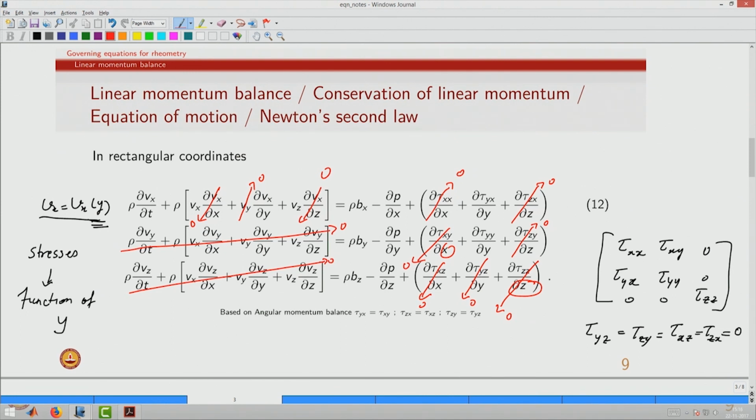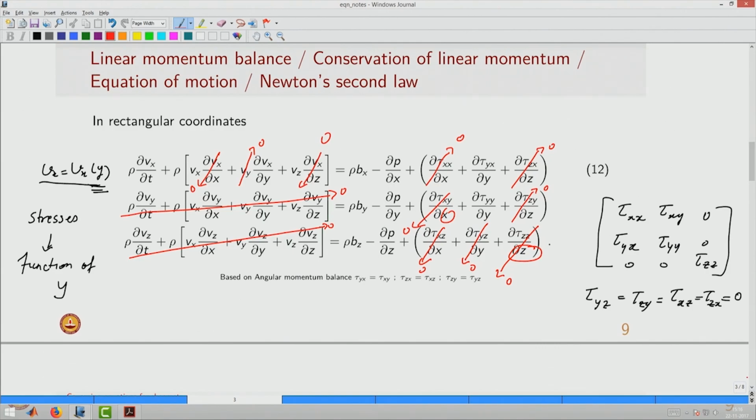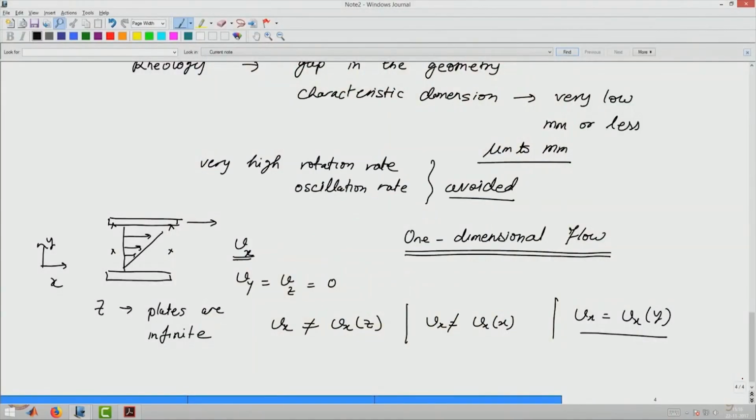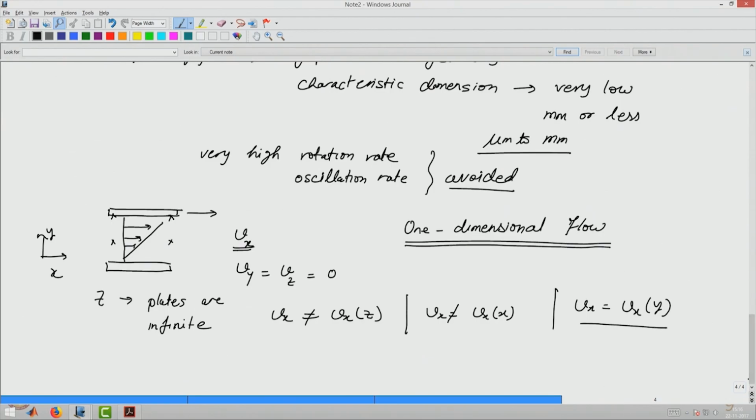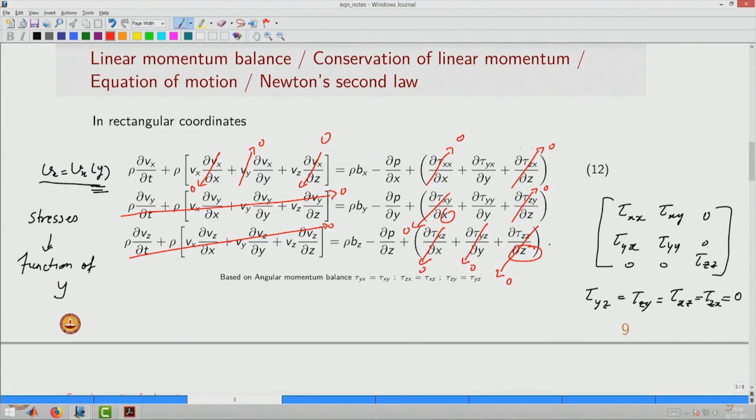Now, we have simplified the overall governing equation. Let us write it down: the governing equation for this parallel plate flow is rho del Vx by del t equal to rho b x minus the gradient in x direction of pressure plus, since we do not have any other information, del tau yx by del y.